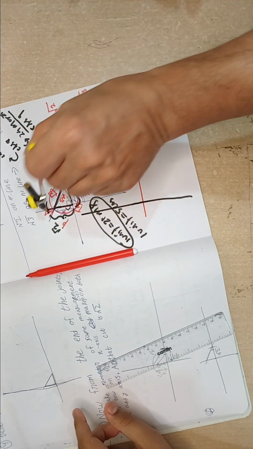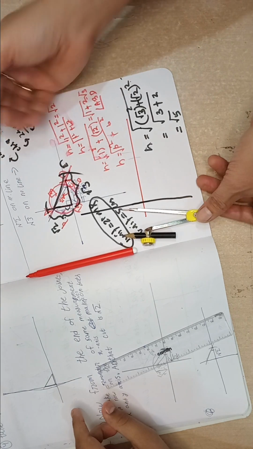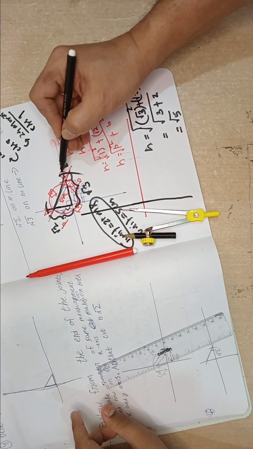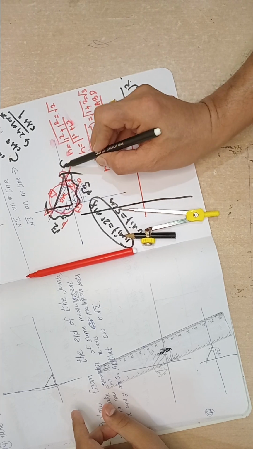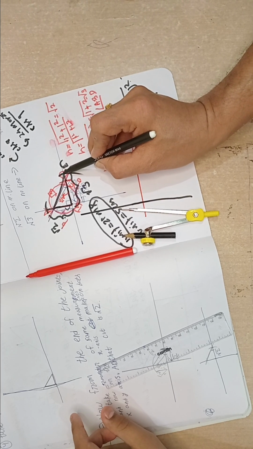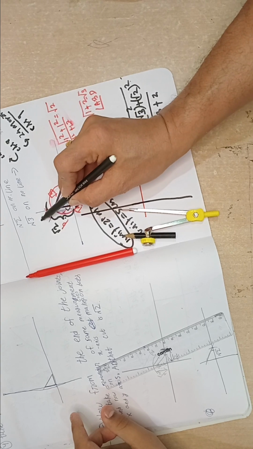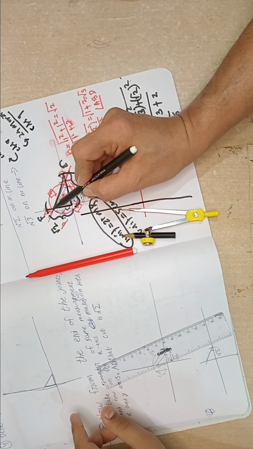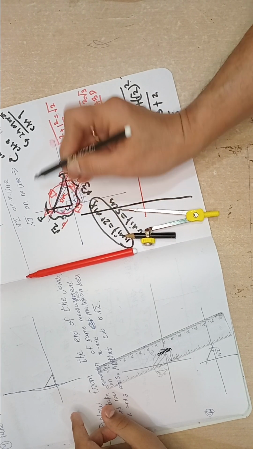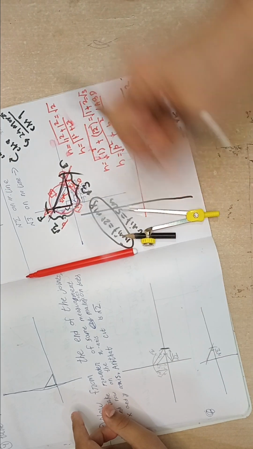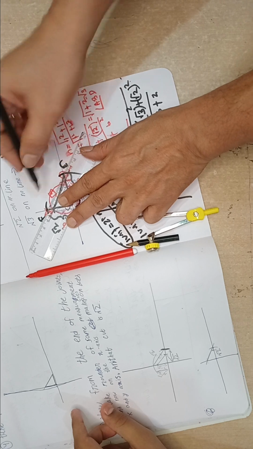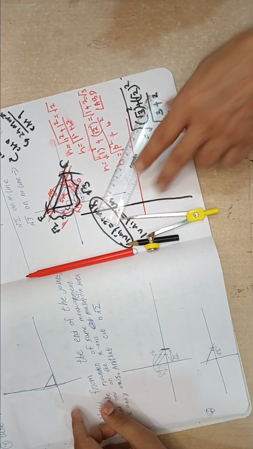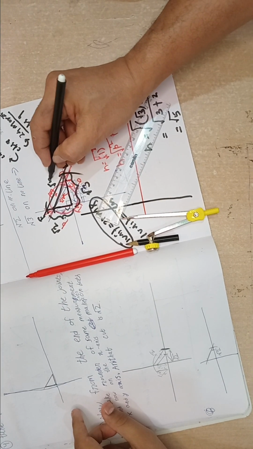Now this is the root 3 length BA, and here let's say F. If we join F with E, with the two sides being root 2 and root 3, this one becomes root 5.